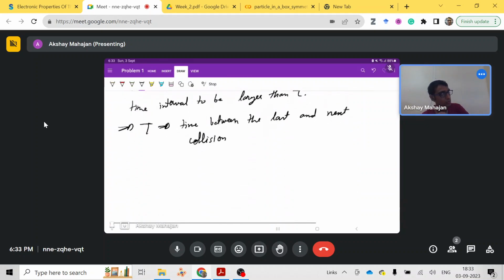So now we are going to find the average of this capital T. First we find its probability distribution, then we find its average value, and we will use the results from part C to show that it is consistent with part C. Alright.